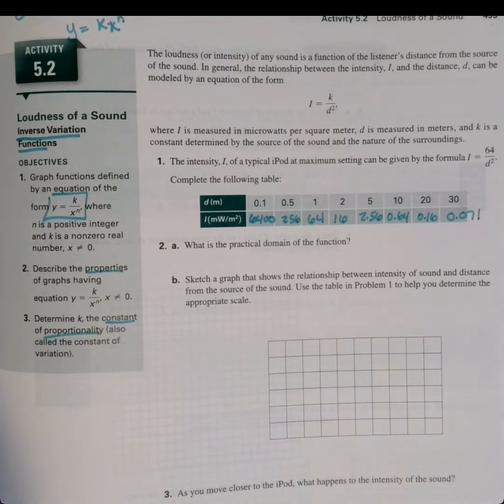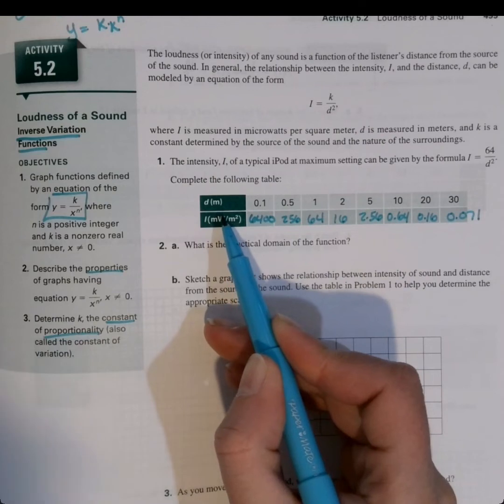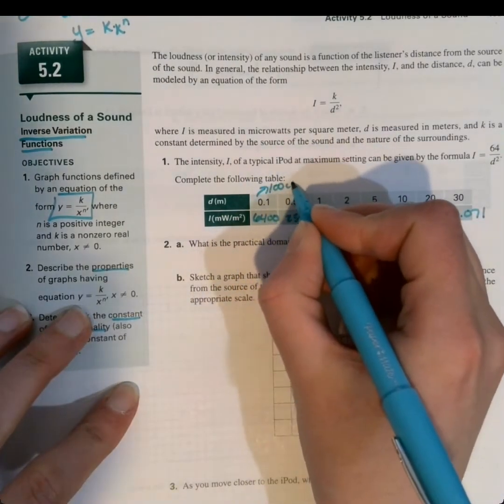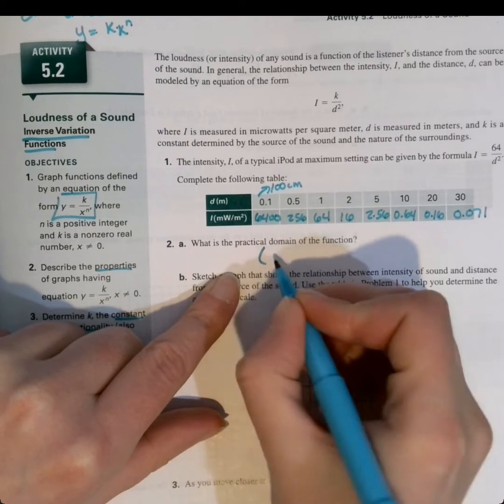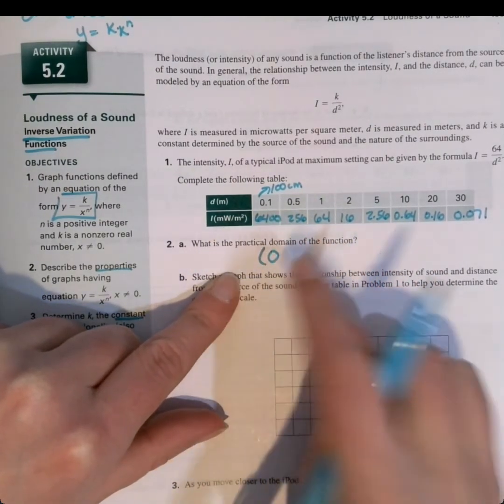So I could get it to 0.01 maybe, or even 0.001. I can get it real close to my ear, but I can't stick it inside my eardrum. It's going to be a little distance away from my ear. So that means that 0 itself cannot be plugged in, but I can get darn close. So we're going to parenthesize a 0 to signify that we can get darn close.